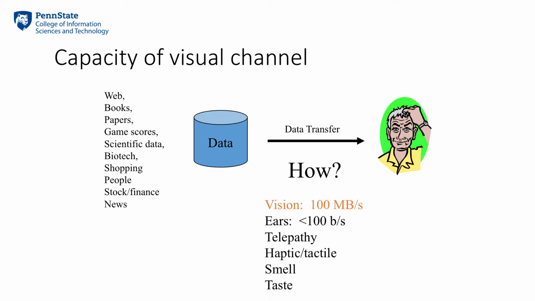The findings from the cognitive and psychological studies are that human visual perception has a capacity about 1,000,000 times higher than any other perceptual systems. For example, we can only read or hear or smell to take input data at about 100 bits per second, compared to the visual system, which can take input in parallel at about 100 million bits per second. That's a significant difference.